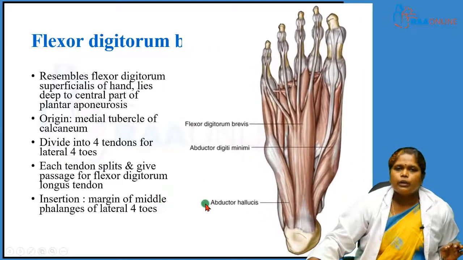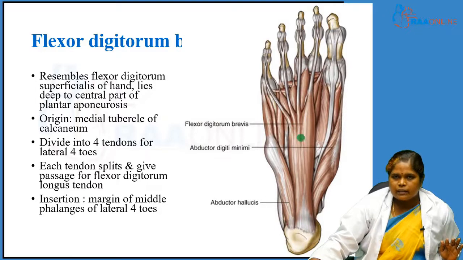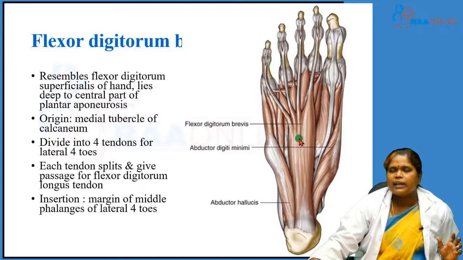Now moving on to the next muscle, Flexor Digitorum Brevis. Brevis means short muscle, and digitorum means to the digits, the other toes. It resembles the Flexor Digitorum Superficialis of the forearm and hand, where the muscular portion is in the forearm and the tendinous portion is in the hand.